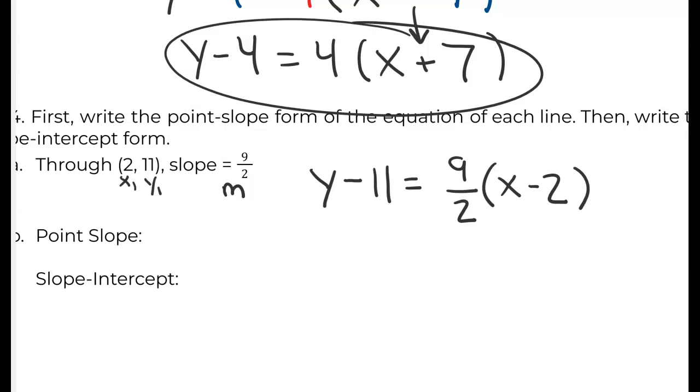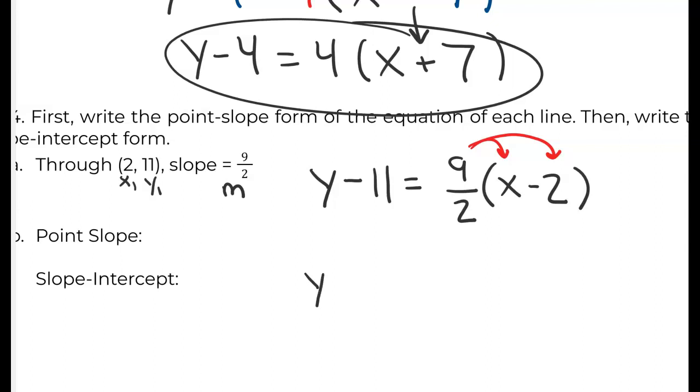I can take this and do some simplifying and change it into y equals mx plus b by doing two things. First, distributing. So distributing just meaning multiplying into my parentheses. So I multiply this 9 over 2 to here and here.